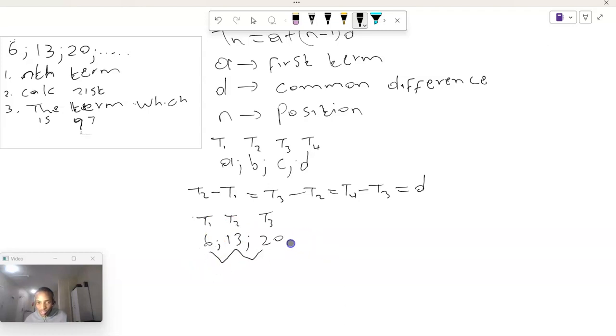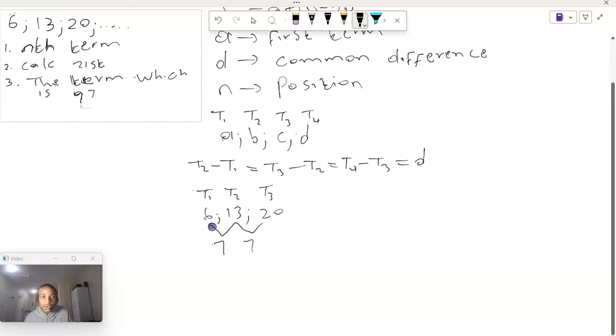So 13 minus 6 is going to give us 7, and 20 minus 13 is going to give us 7 again. So you know that d is 7 and a is 6, the first term, represented by the small letter a in our equation.